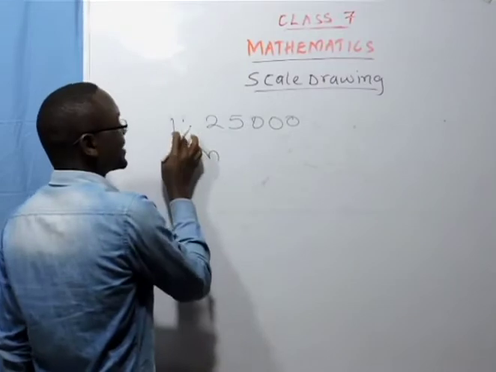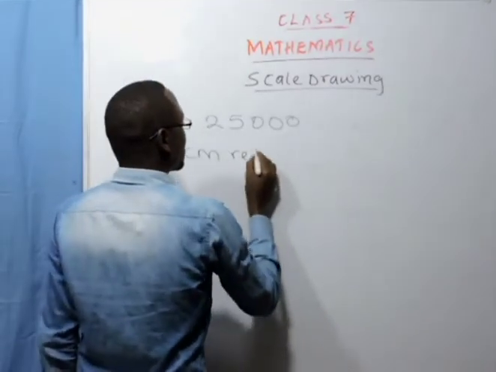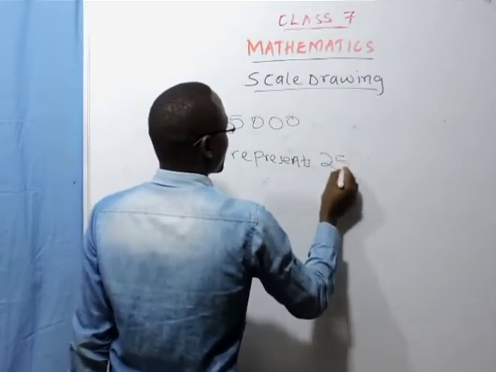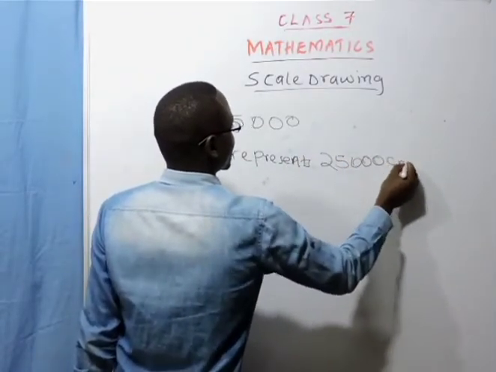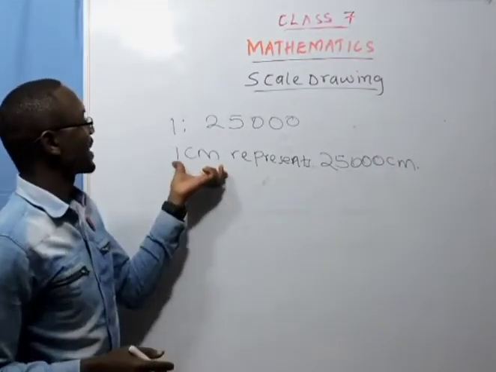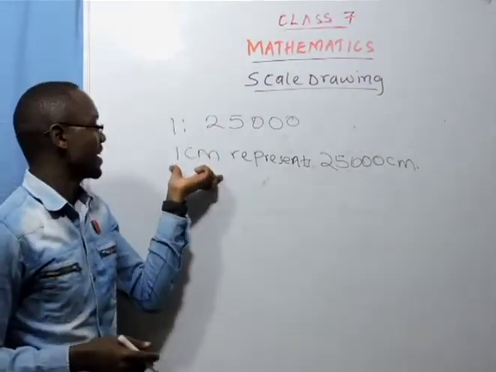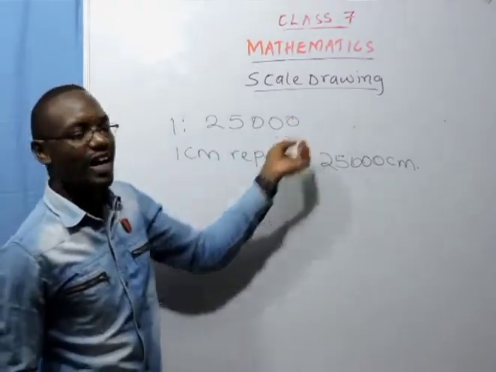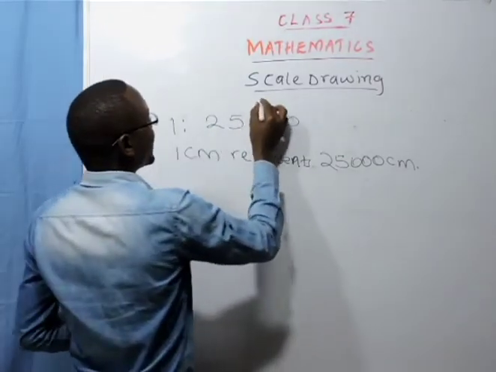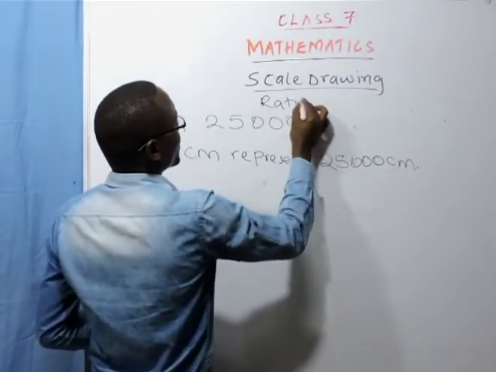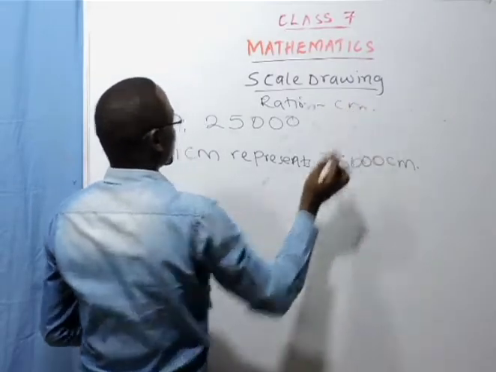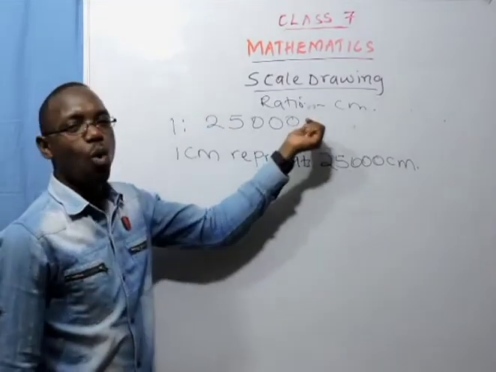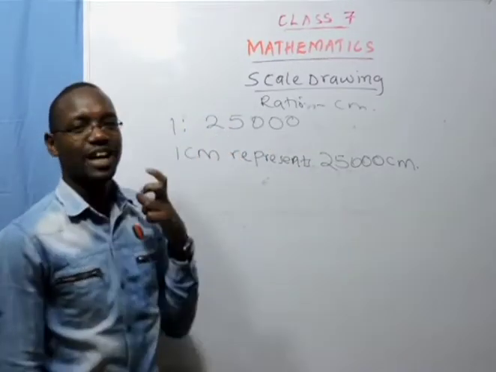We now insert units. 1 centimeter represents 25,000 centimeters. Now it has gone from ratio to linear. I say that a scale in ratio form is always in centimeters. So once we insert units, it now becomes a linear scale.